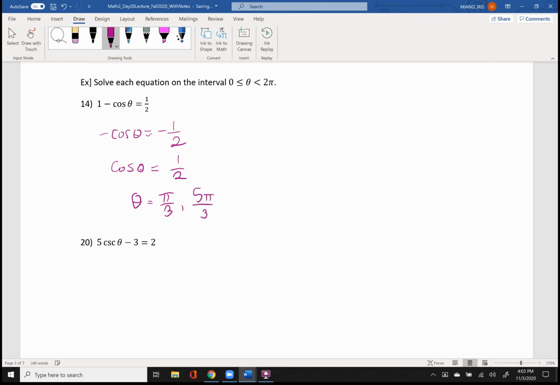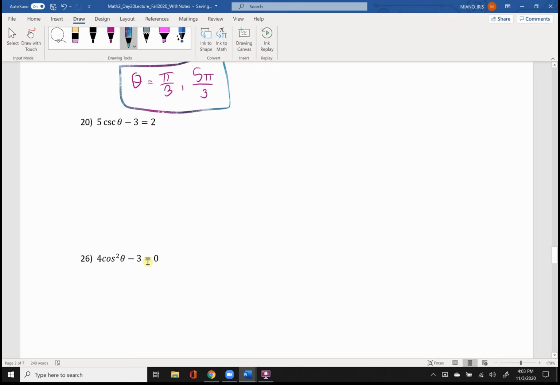If you had more than a single rotation going on for your theta, you can list more forever and ever. But listen, we've restricted the domain here on this trig function to just go one full rotation. So that's what will have us just go for these two values as our solution. Okay, great. Moving on to the next one.